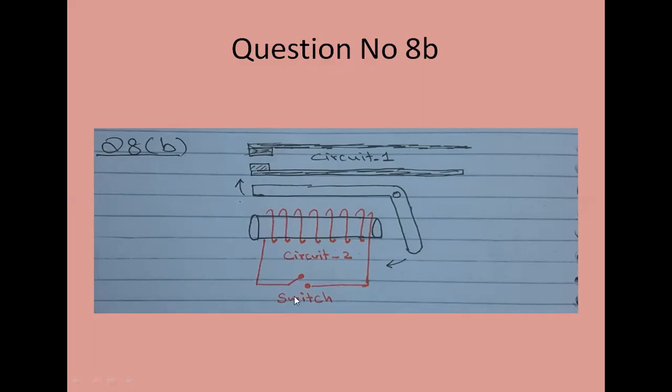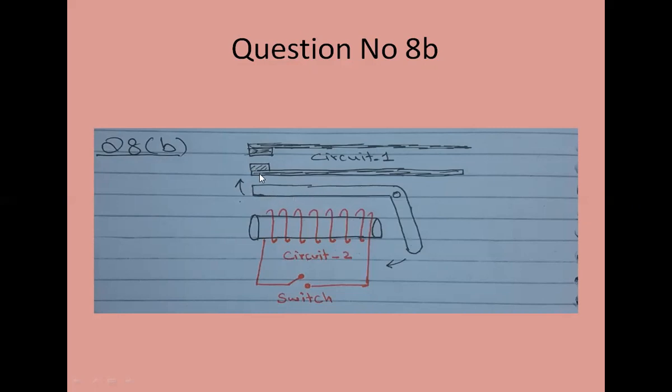So what we do, you see when I close this switch in the circuit number 2, this solenoid will become an electromagnet. This is an iron armature pivoted here. So when this becomes an electromagnet, it will attract this vertical portion of the iron armature towards the left. And when this moves to the left, this horizontal portion of the iron armature will move upward.